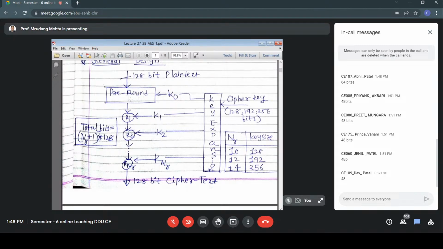So the total number of bits used is (NR plus 1) into 128, because there is one pre-round. So the number of rounds, 10, 12 or 14, plus 1, because there is K0 that is applied for the pre-round. And then when it goes through all these rounds, it generates a ciphertext.